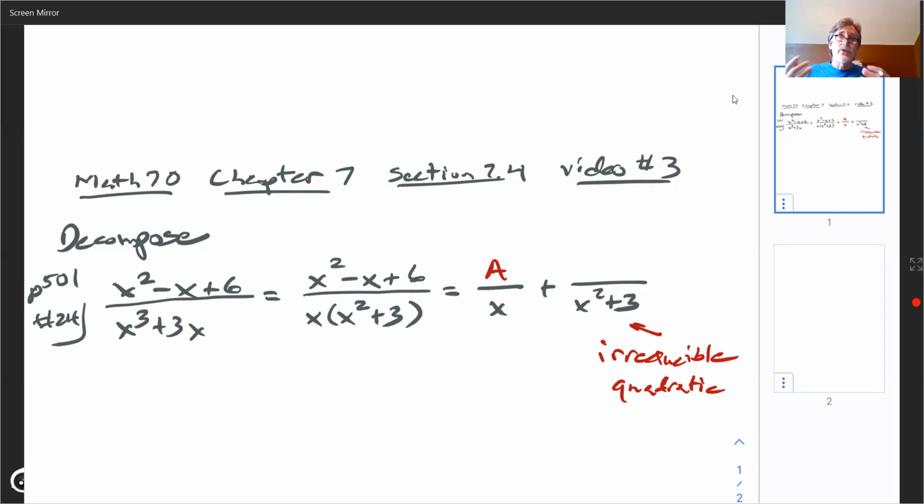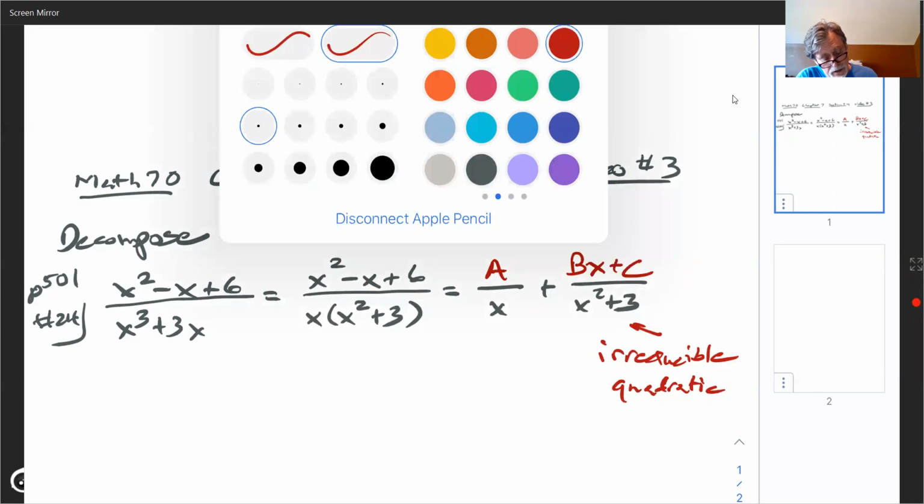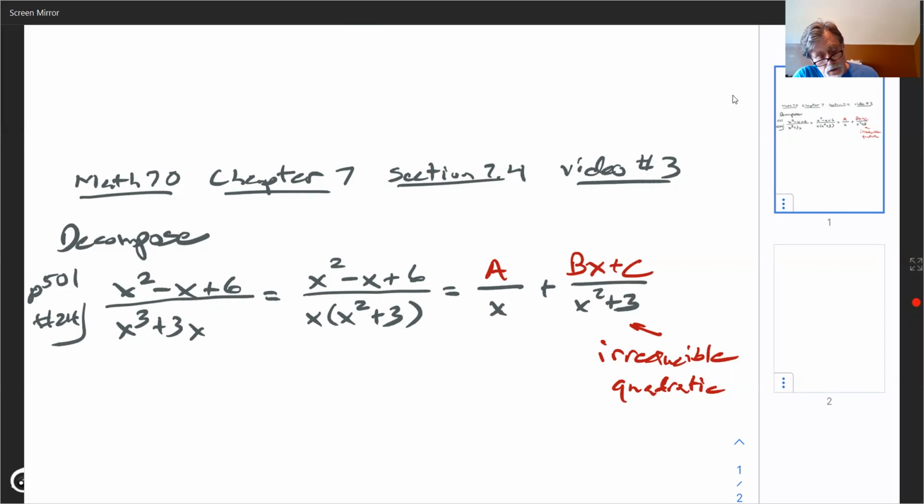Possibly. That's what the partial fraction thing does. There could be an x, there could be a constant. I don't know. We'll find out. So what we do is we write bx as in a different coefficient, and then possibly a plus c as well.